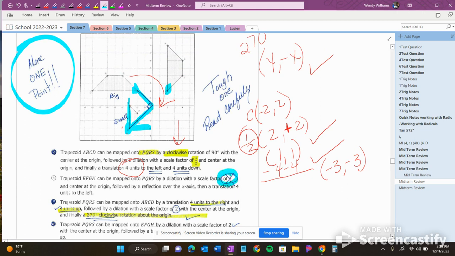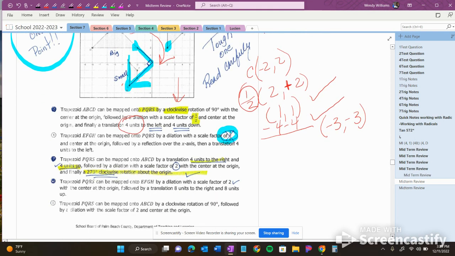The scale factor is off. We could have translated to the right and 4 units up, which is the reverse, multiplied by a scale factor of 2, 270 clockwise. So this one's a total reverse of the one we already did, because we're moving completely the opposite direction.